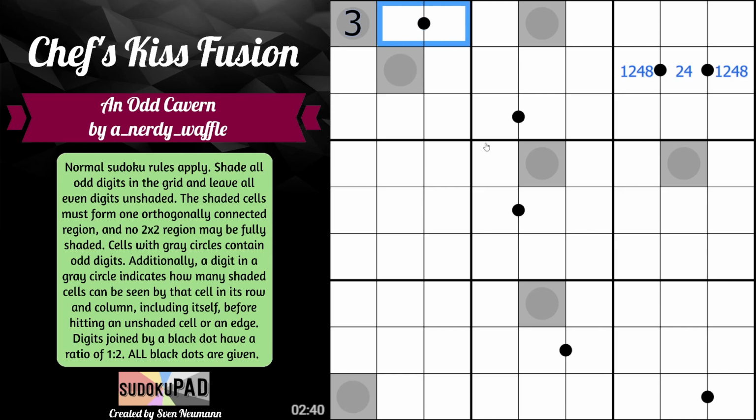So that means between these two cells, we have one gray and one green. What does that do for us? And actually, I'm noticing that's the same thing here. We have one gray and one green.